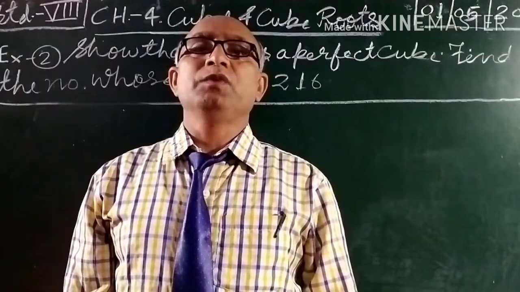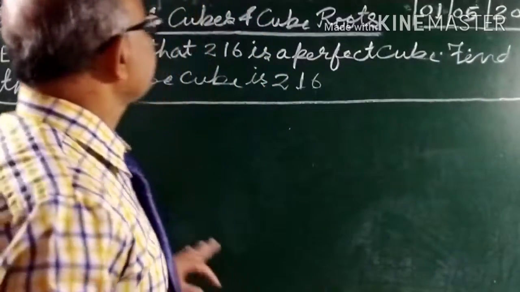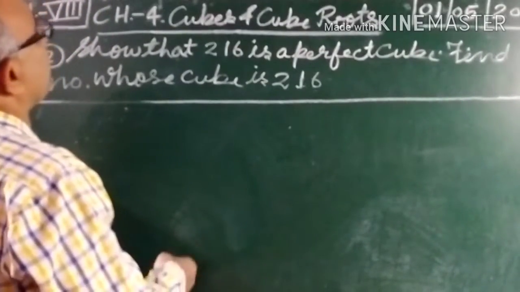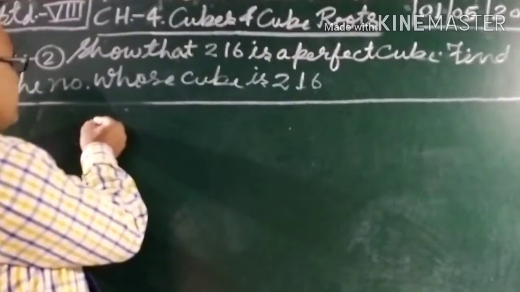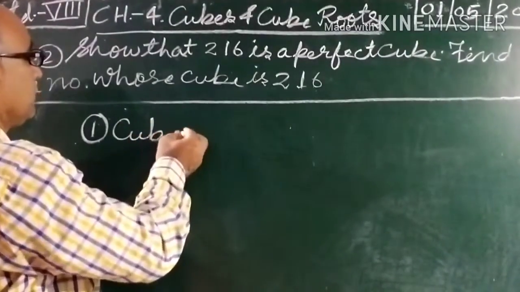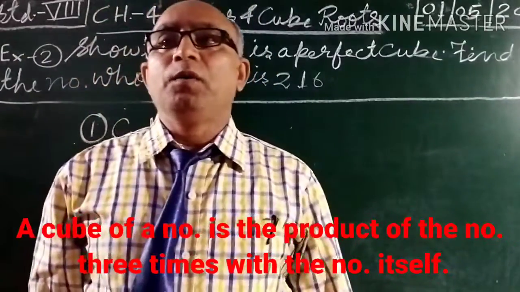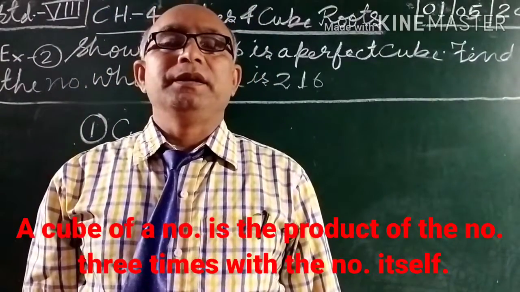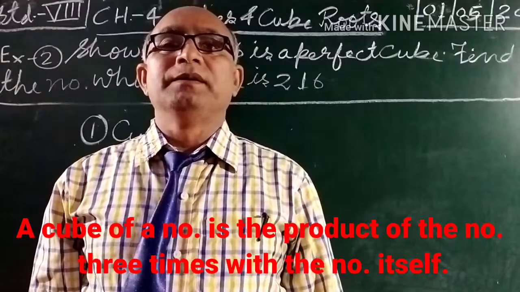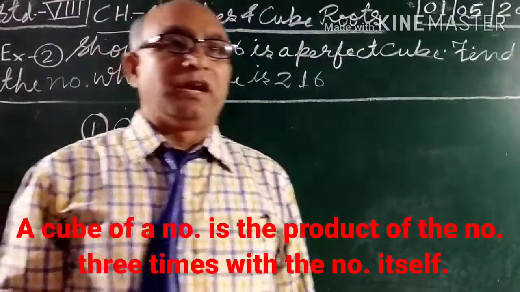So here is a new topic, Chapter 4, cubes and cube roots. First term is cube. A cube of a number is the product of the number thrice times with the number itself.